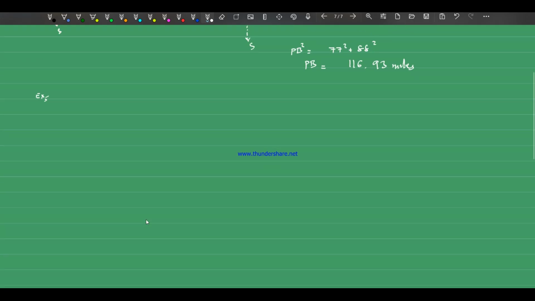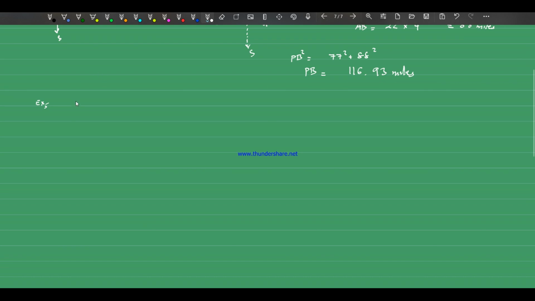Okay, how about this? Radar stations A and B on an east-west line are 3.7 kilometers apart.